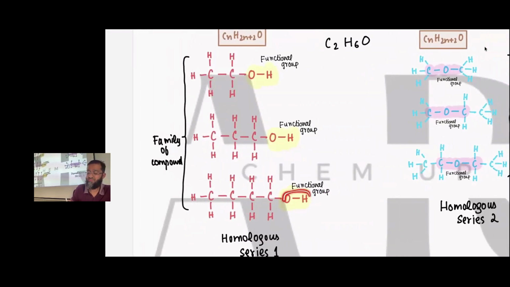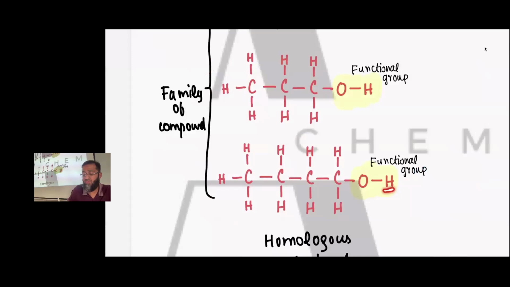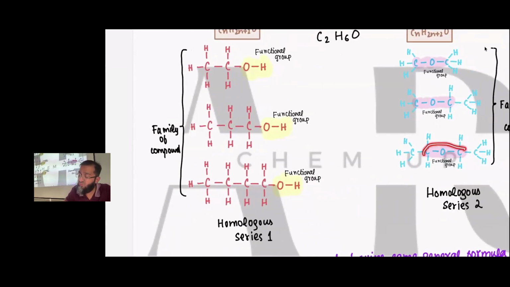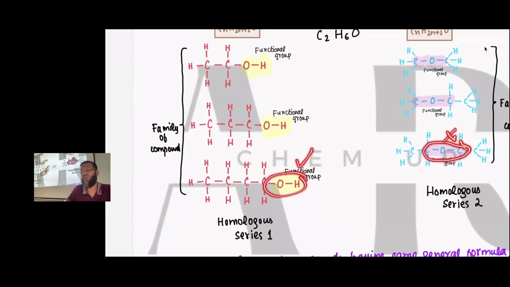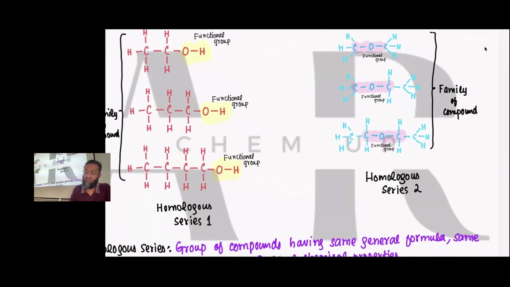See, for example, there is an OH, so H is bonded to O, right? Due to this, the alcohols can form hydrogen bonds, and there is no O bonded to H over here, so there is no hydrogen bonding. If they form hydrogen bonds, their melting point and boiling point go higher than these ones. So the functional group also determines the physical properties, and the chemical behavior: this H can react with Na, because the H is bonded to O. It can react with the sodium metal.